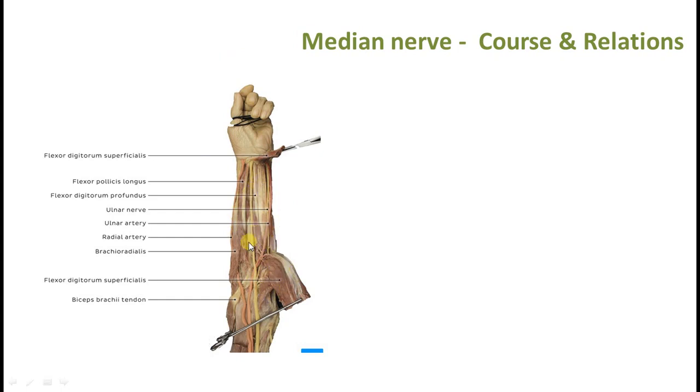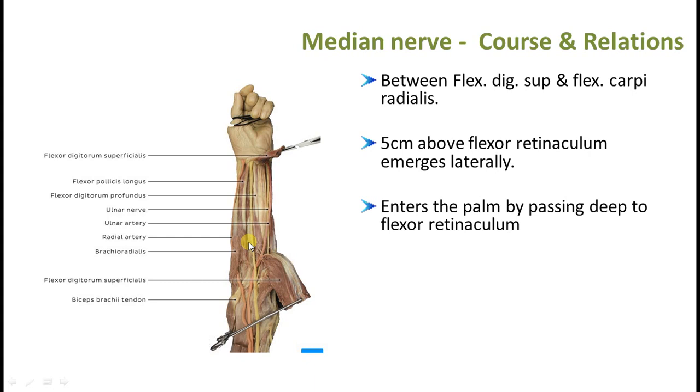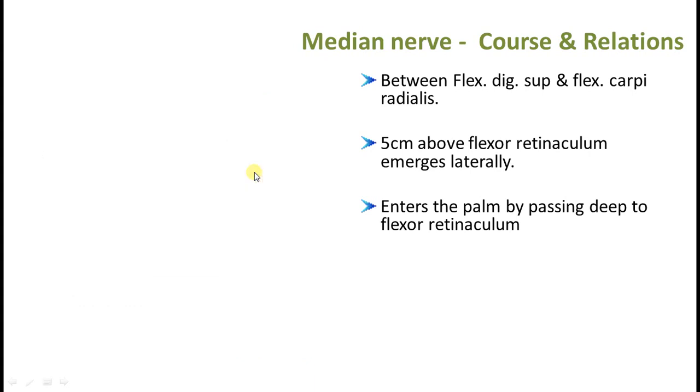That means it is present between the superficial and deep group of flexor muscles in the front of the forearm. Then at the lower end of the forearm, that is 5 centimeters above the flexor retinaculum, it comes somewhat superficial and lies between the palmaris longus tendon and the flexor carpi radialis tendon.